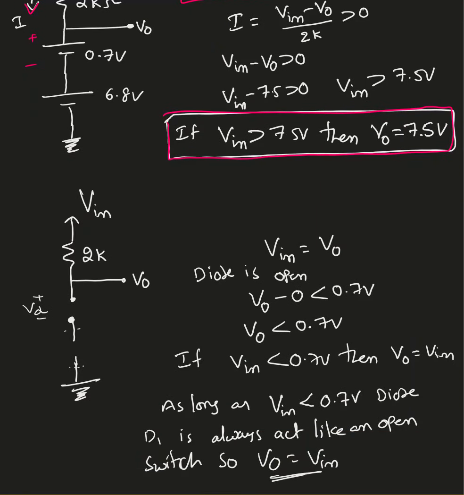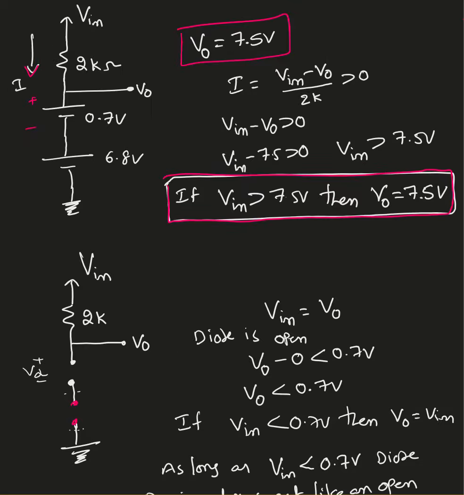Now the third condition. Actually, we will have a fourth condition too, but I'm going with only three conditions because the fourth condition is not going to make any difference. Here, I'm assuming the diode is acting like an open switch. When this is open, as long as Vin is less than 0.7, it's an open switch.